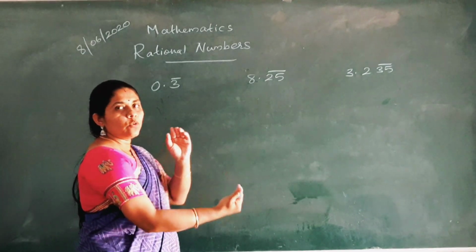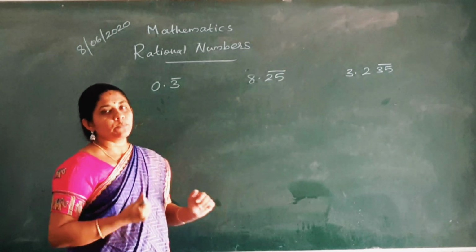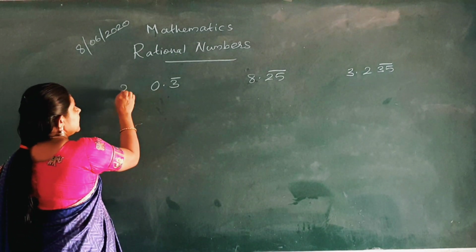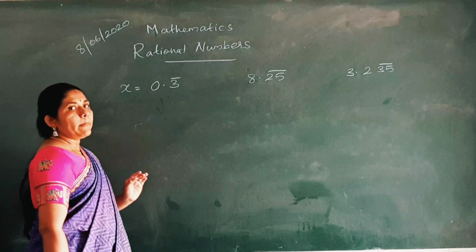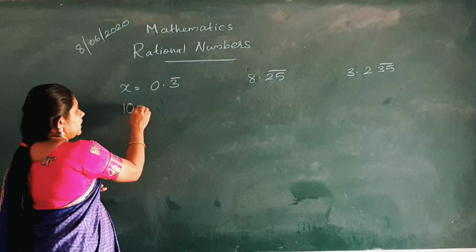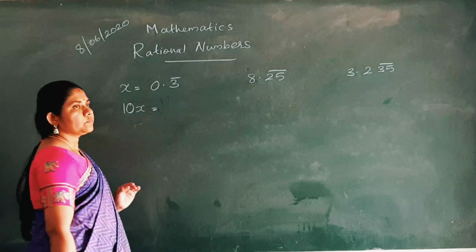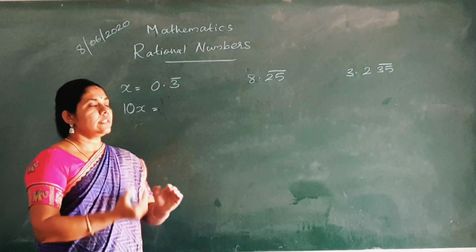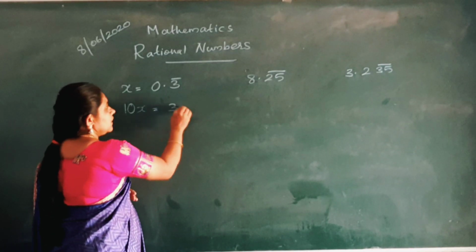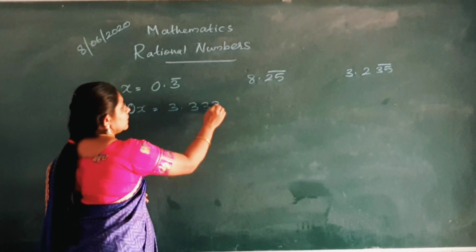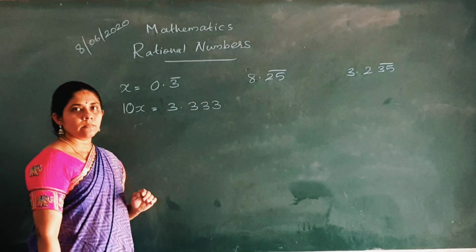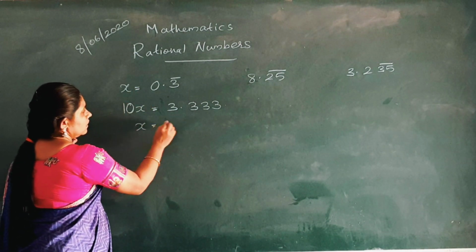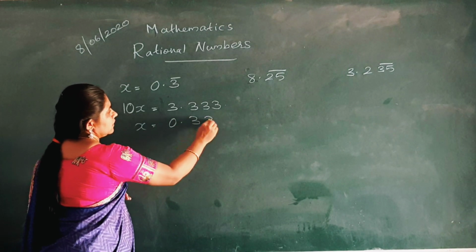Consider this as x. I am multiplying it by 10, so this 3 will come to the left position: 3.3333 like that. Now I write x under this: 0.333.